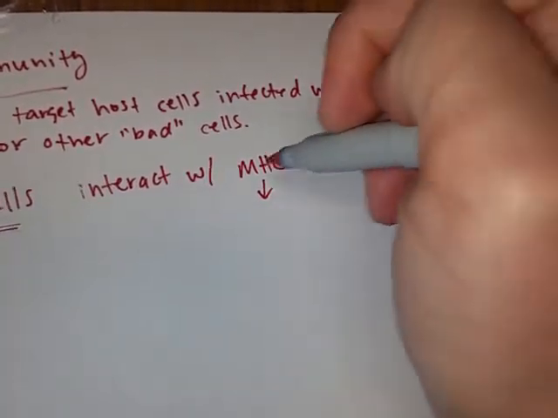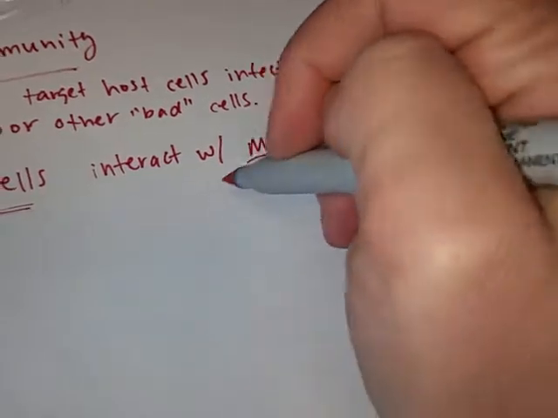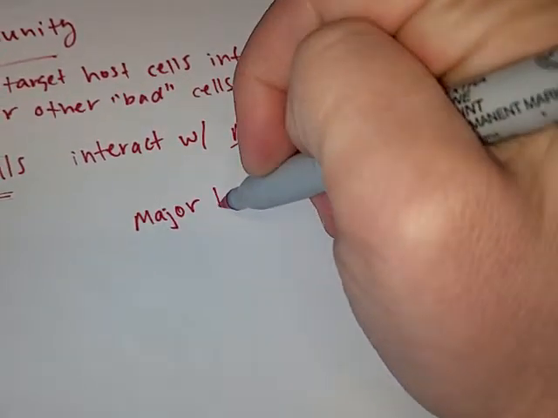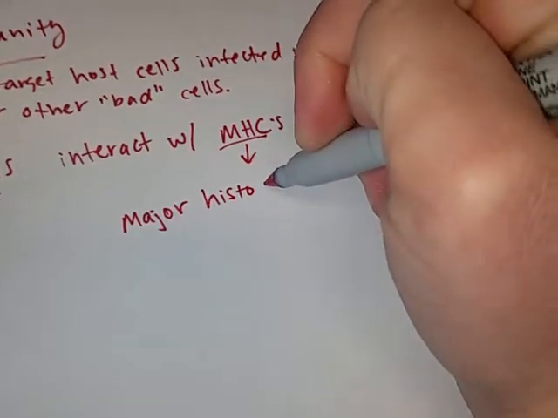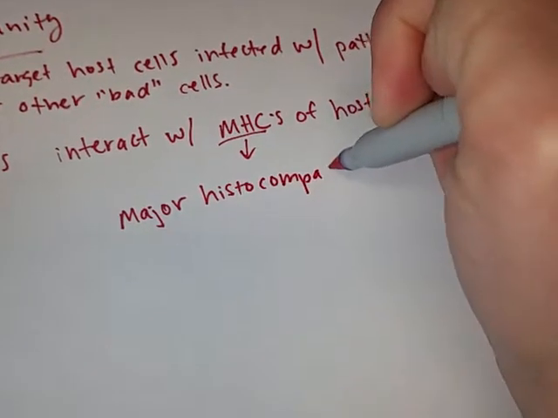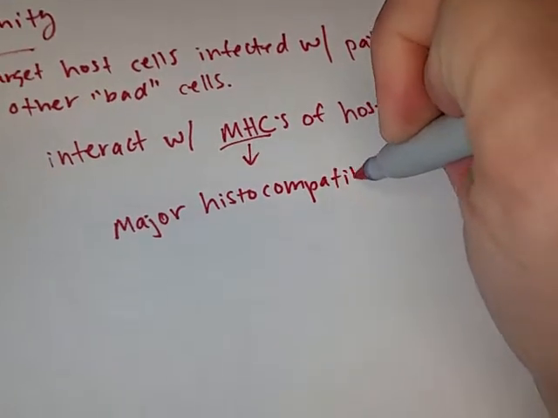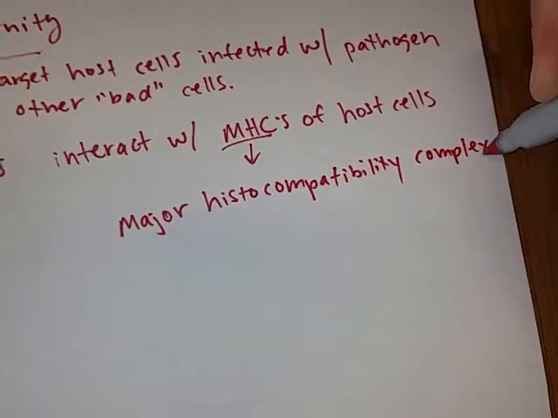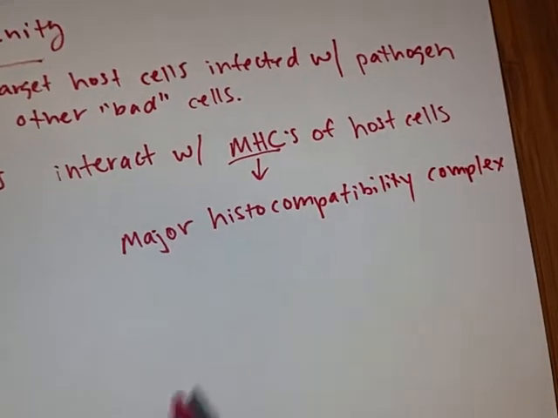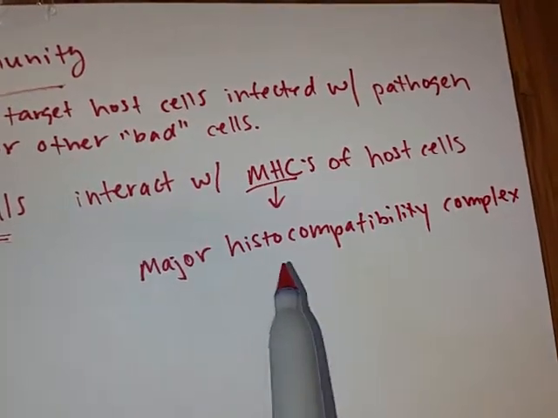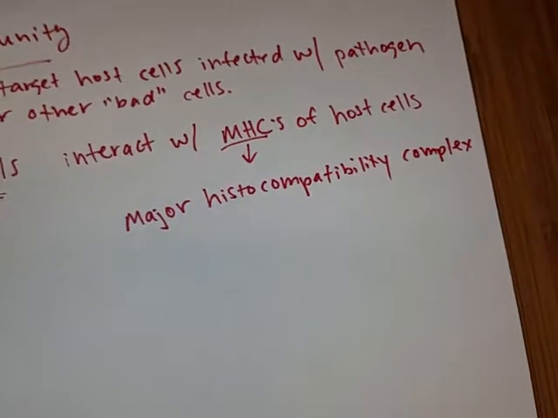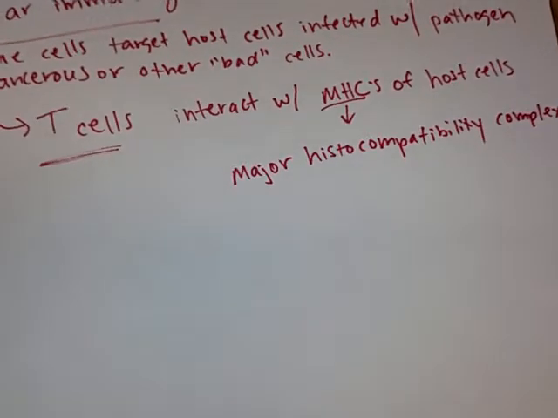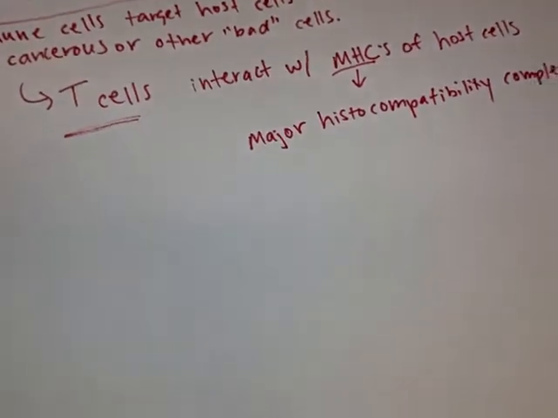Usually after this we'll probably just keep it as MHC, but this stands for major histocompatibility complex. So the major histocompatibility complex, found out that this is one of the things that can play a role in tissue transplants and how well the tissue is compatible with the recipient's tissue.